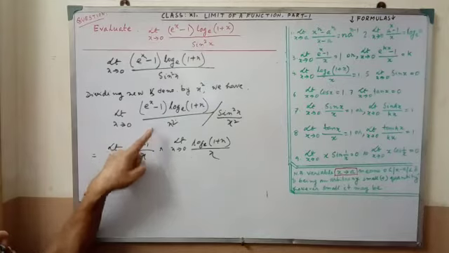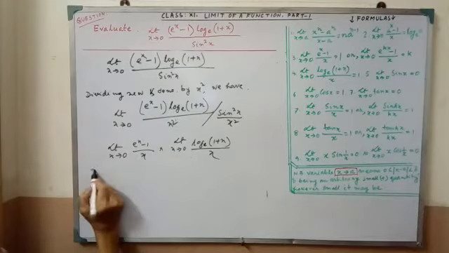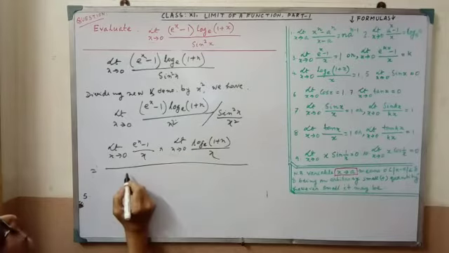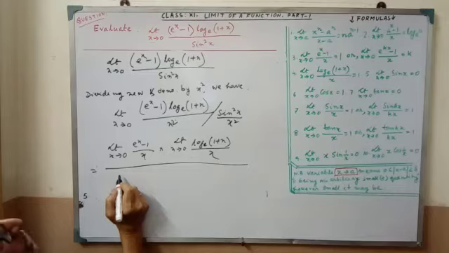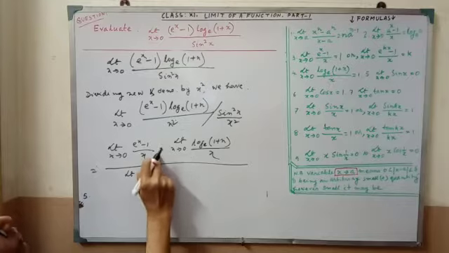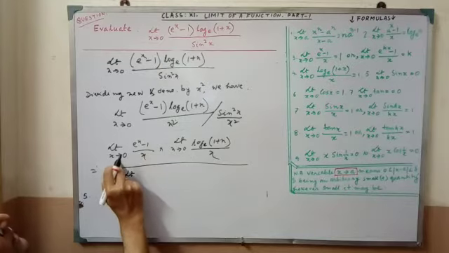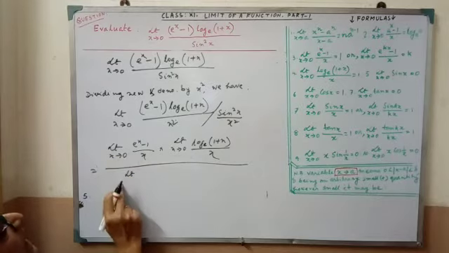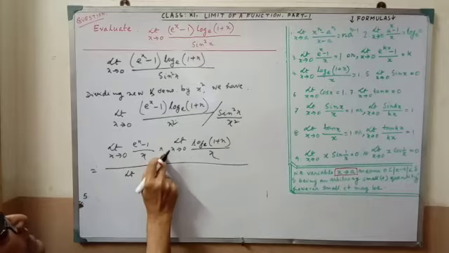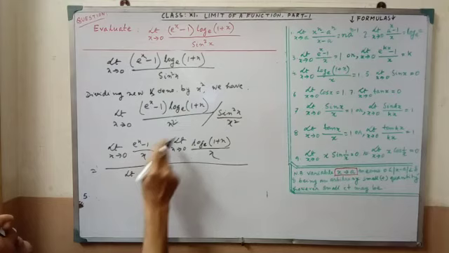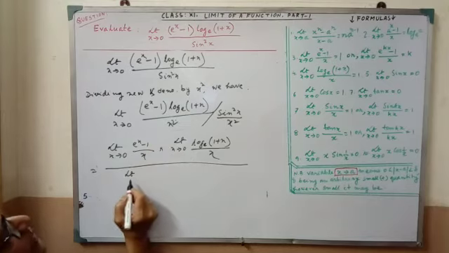This is what we are getting here. Now the denominator square, that also we may follow the product operation, that is the limit of numerator and denominator. In both we may write the limit. Here we are writing the limit, here also we may write the limit. Since it is a product, in this way we may break the expression. Here also we may break the expression, in which way you must follow attentively.